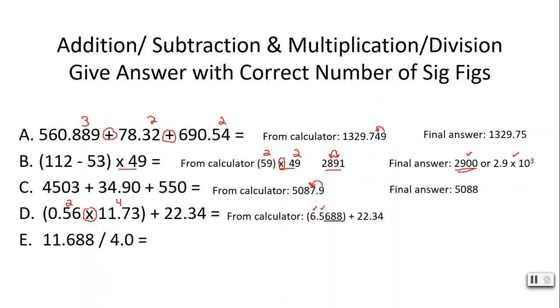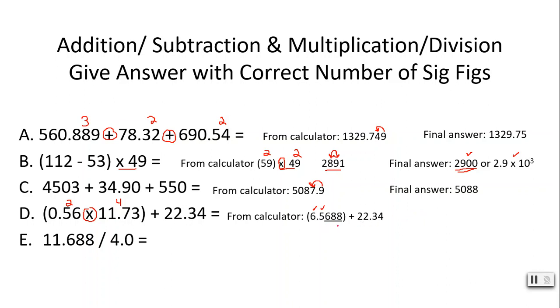But I'm not going to round. I'm not going to drop the 688. I'm not going to round until the very end of the problem, which is after I add the 22.34. It's going to come along for the ride, but I need to remember that those 3 digits are not significant when I give my final answer.